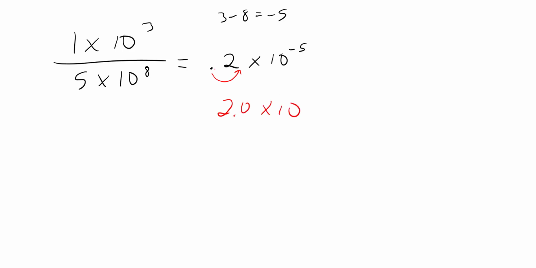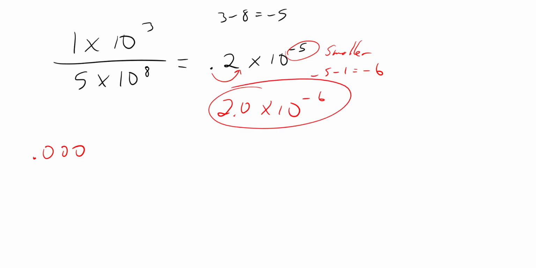So I'm making it bigger, right? Remember, whenever you have 0.000, you know it's a negative exponent. So I'm making this 0.2, I need to make it bigger, and I compensate by making that smaller. So that means I'm going to subtract 1 from it. Negative 5 minus 1 is negative 6. So times 10 to the negative 6, and that's your answer.